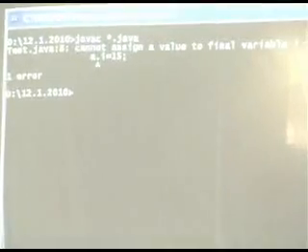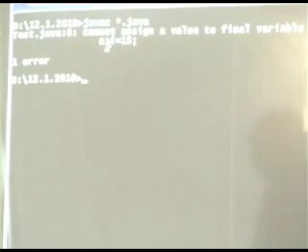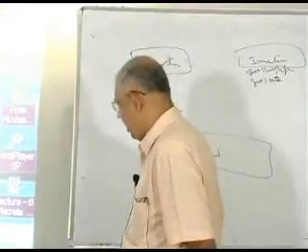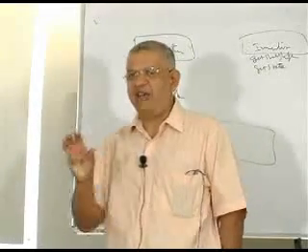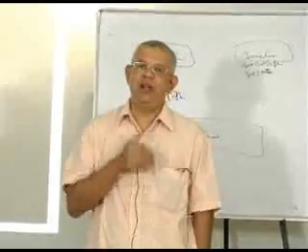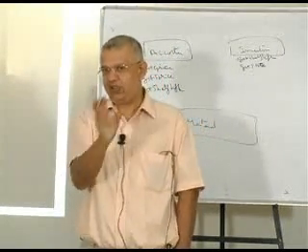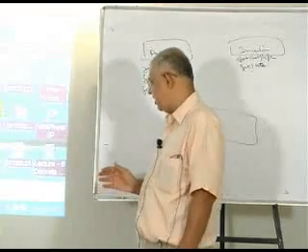Now you get a very interesting thing. For a.I is equal to 15, there's an error which is coming: cannot assign a value to final variable I, which means that all the variables in A are automatically declared as final. In Java, the keyword final is similar to the keyword const in C++, which makes a variable constant. Let's go back to our interface and I'll shed more light on that.